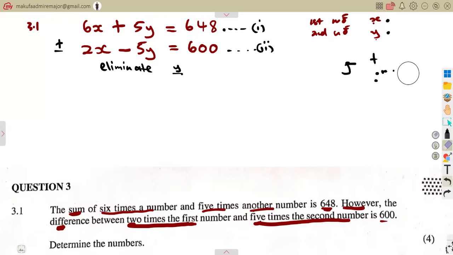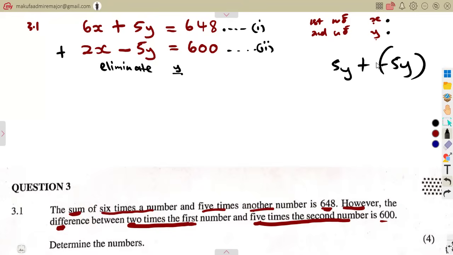So 5 plus 5 is now a 10. So a minus was not going to work, but a plus. If you add 5y plus minus 5y, that's minus. So 5 minus 5, that's a 0.